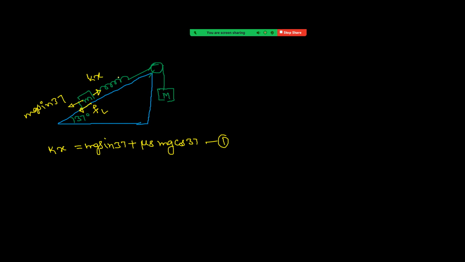So elongation will be maximum when this block comes to rest temporarily. So when elongation is maximum, with minimum mass, we can move this one. So the condition is when mass is minimum, here elongation will be maximum. For that, it is about to move upwards.